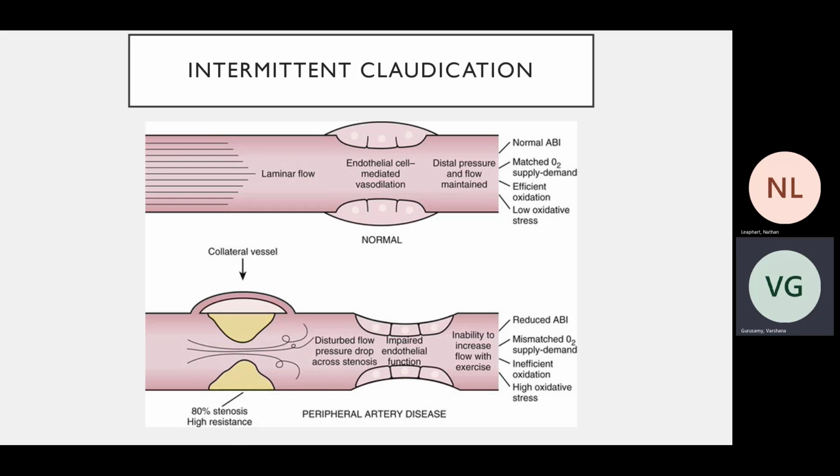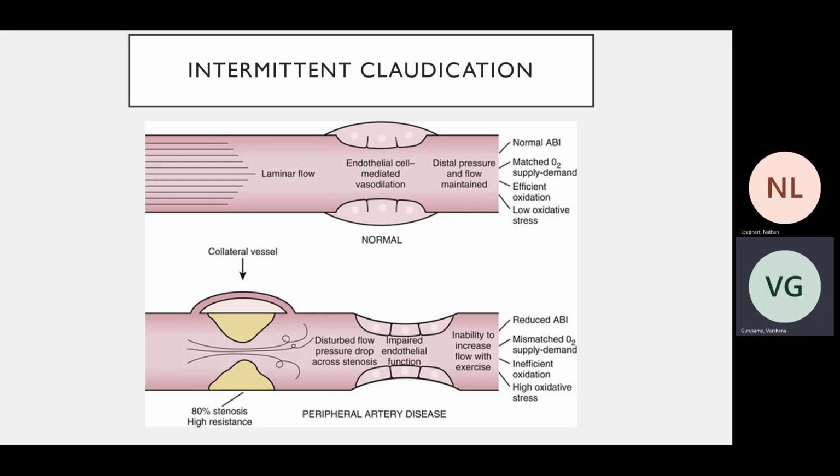And talked a little bit about claudication. So the way that this is pathophysiologically mediated is in a normal vessel, you have this laminar flow. And when you have exercise, you have a matched demand and supply. So you're able to provide increased blood flow when you have an increased demand, such as during exercise or walking.